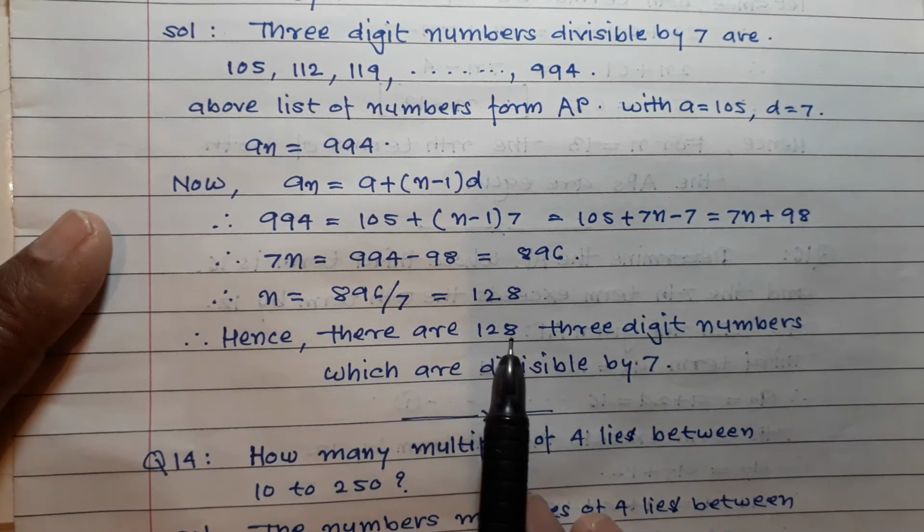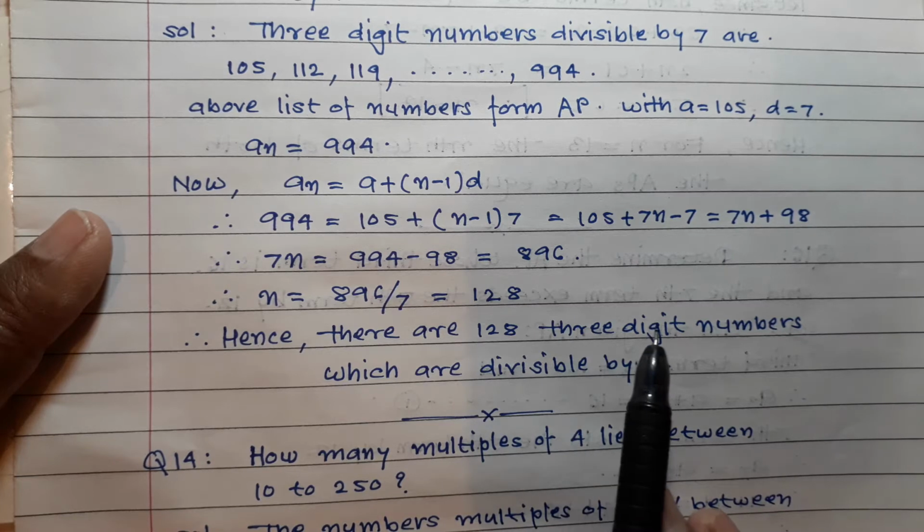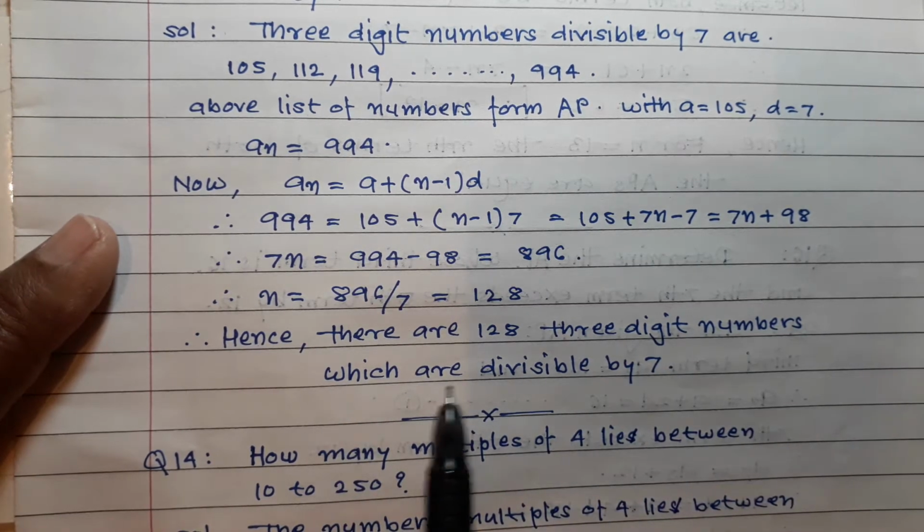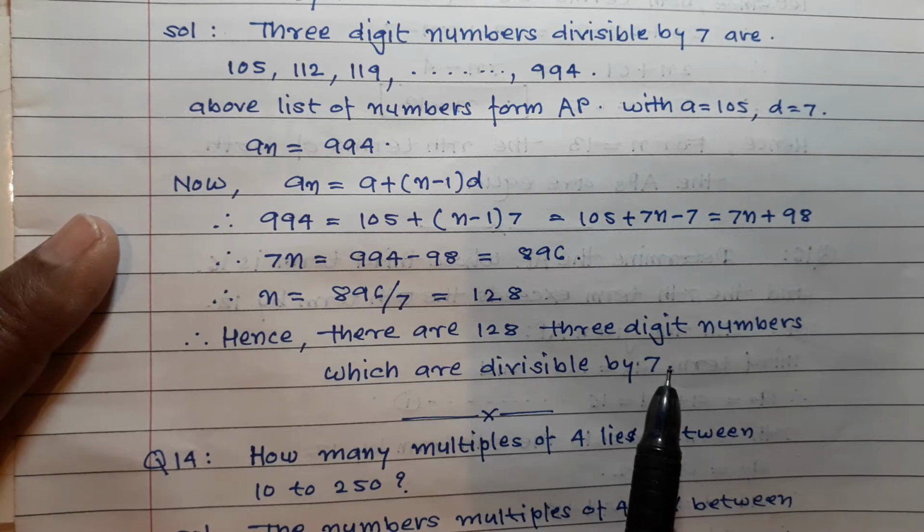Hence there are 128 3-digit numbers which are divisible by 7.